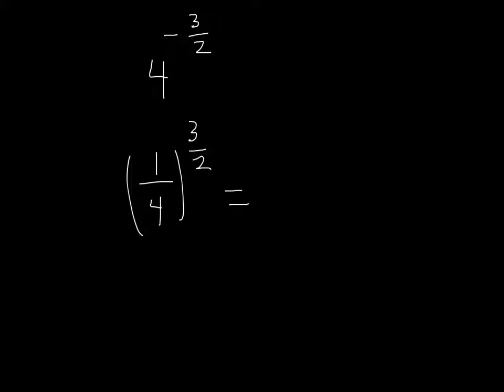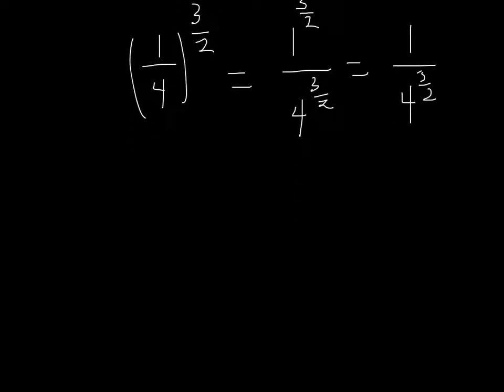Now, I could take the exponent 3/2 and I could put it on both the numerator and the denominator. But really that's not necessary, because 1 raised to anything is still just 1. So what I have is 1 over 4 raised to the 3/2. Then, let's scoot that up.